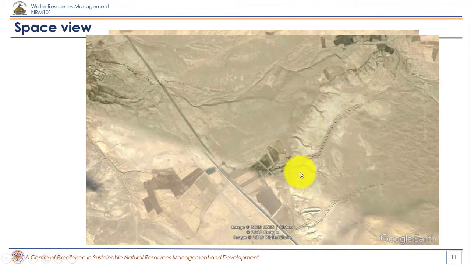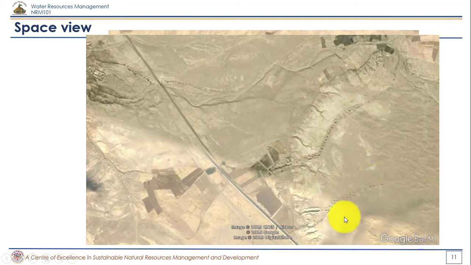This is another region where the Qanat system has been working. These are again wells. The groundwater connection must be somewhere here, and these are connected with wells, and around here the surface water comes out, and this settlement is getting access.